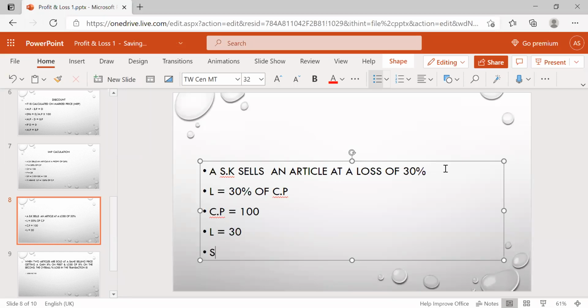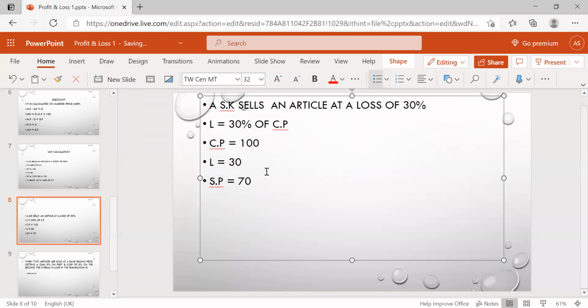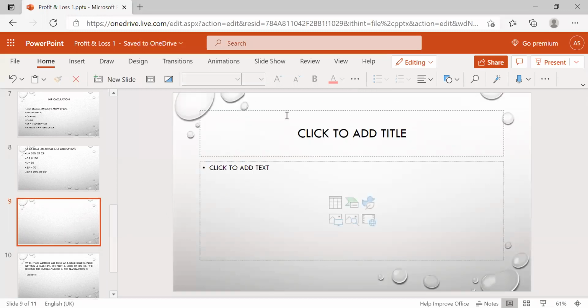Then the selling price is 100 minus 30, which is 70. He sells that article for 70 rupees and loses 30 rupees, which is 30%. We can say selling price is 70% of cost price.